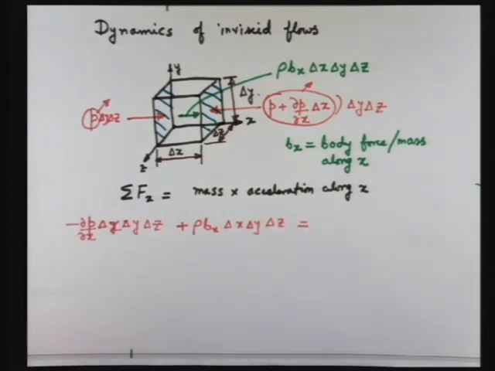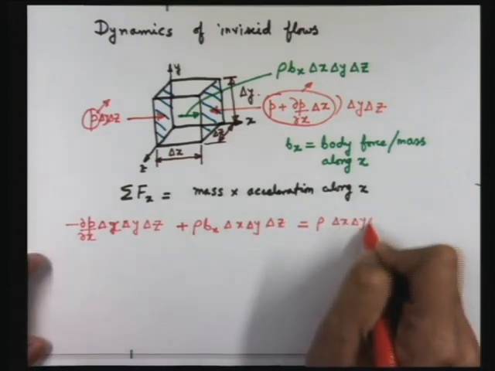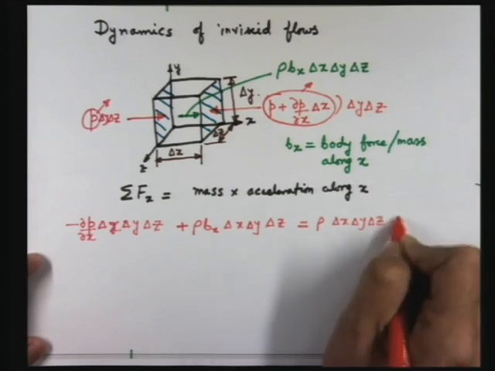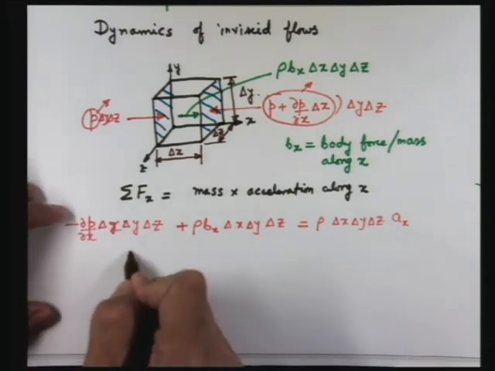What is the mass of the fluid element? Rho into delta x into delta y into delta z into acceleration along x. If you recall the lecture of Professor Shom yesterday, then you can write the expression for acceleration along x. What is that?